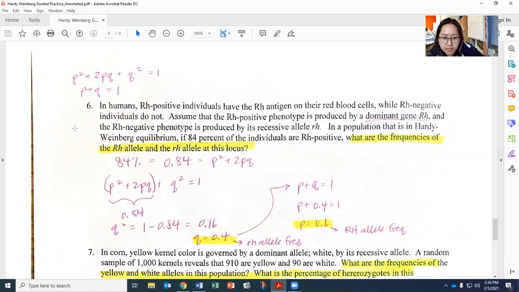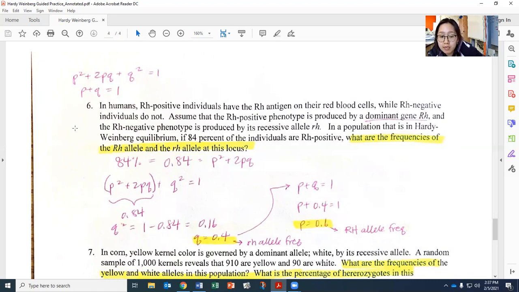So they gave us 84%, and we're going to translate that into 0.84, and that represents our p squared plus 2pq. Now, we know that p squared plus 2pq is only part of the equation, so the rest of the equation has to add up to 1. So if you do 1 minus 0.84, that's 0.16, and that means that q squared, which was the rest of the equation, is 0.16, and that would be the Rh recessive phenotype or recessive genotype.